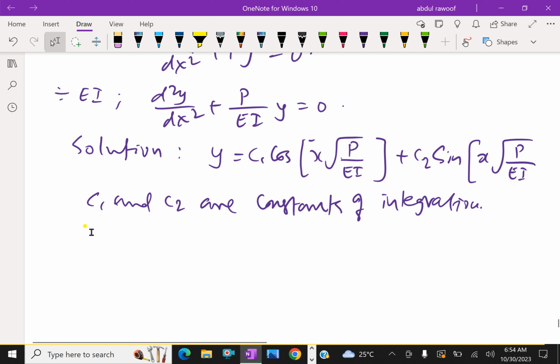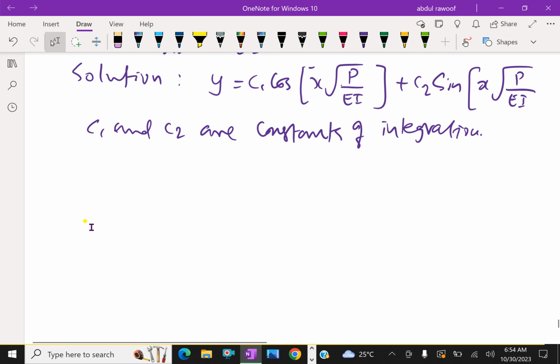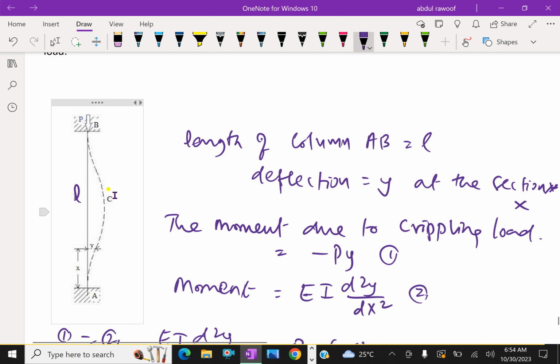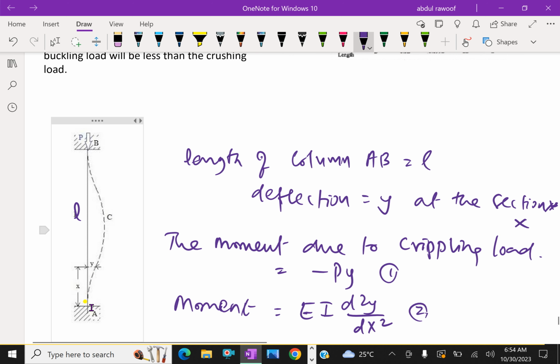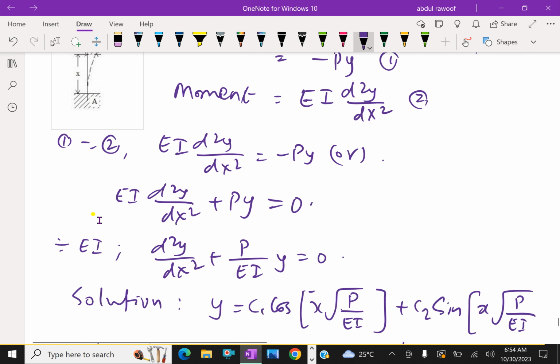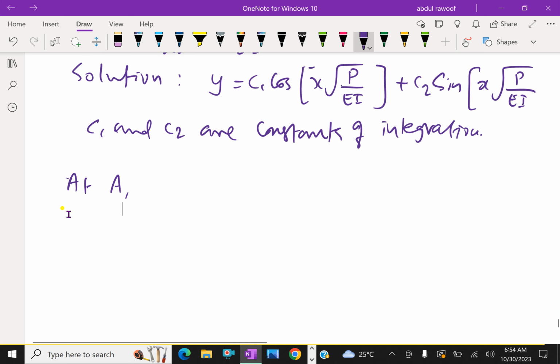Now, the conditions at point A. Look here, the crippling load at point A. At A, x equals 0. What is y? Put x equals 0 in this equation, and we get y equal to 0.